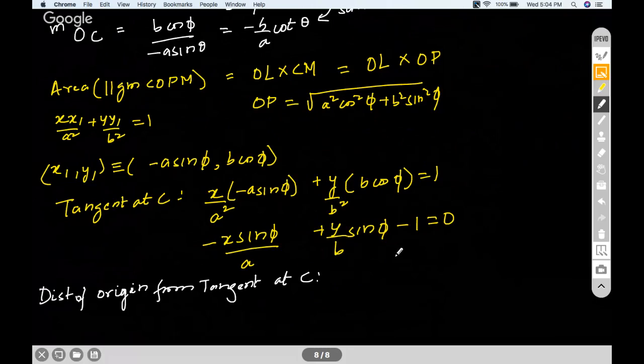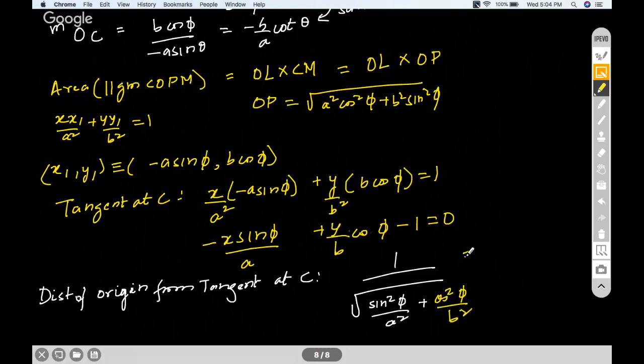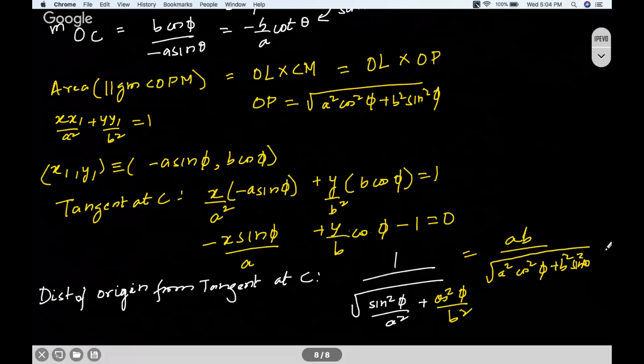is equal to 1 by under root of sine square phi by a square plus cos square phi by b square, I'm sorry, just a typo error, which is actually ab by under root a square cos square phi plus b square sine square phi. When you put these two things over here, this is nothing but your OL.